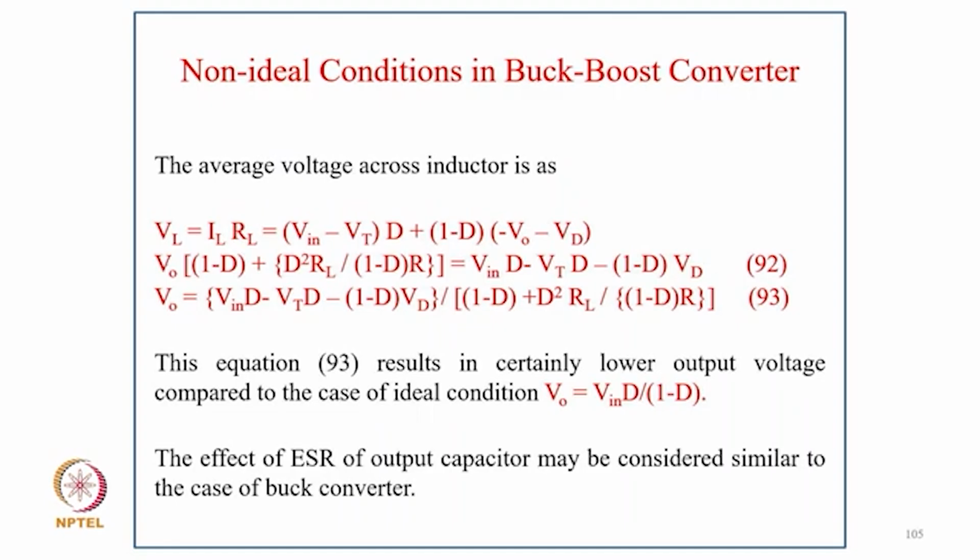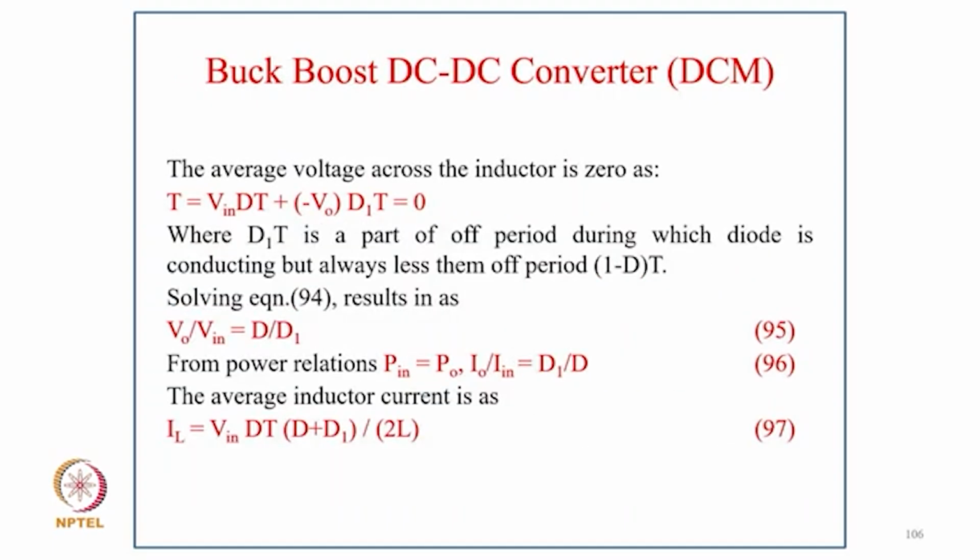So you can see the output voltage here depends on the transistor drop, the diode drop, the inductor resistance, and the load resistance. However, in the ideal condition, VO = Vin·D/(1 − D). The effect of the ESR of the output capacitor may be considered similar to the case of the buck converter.